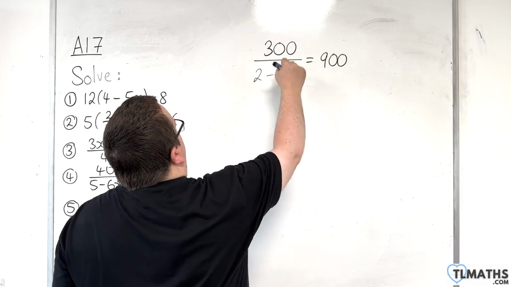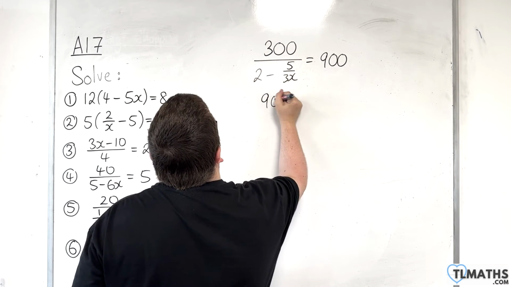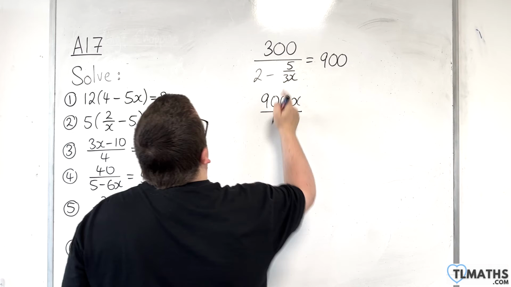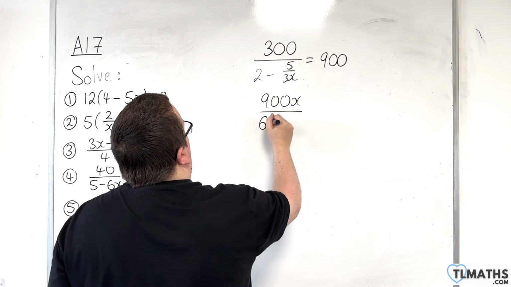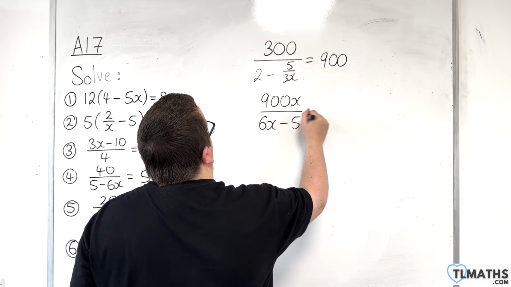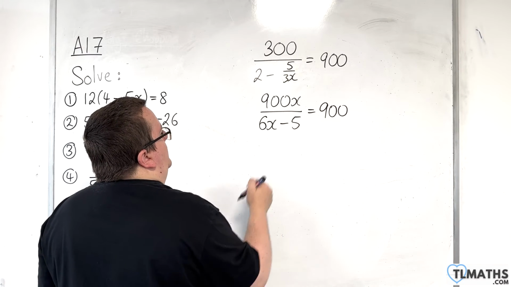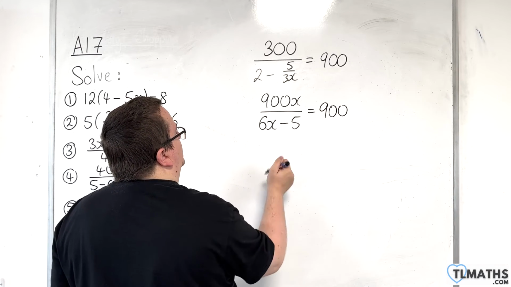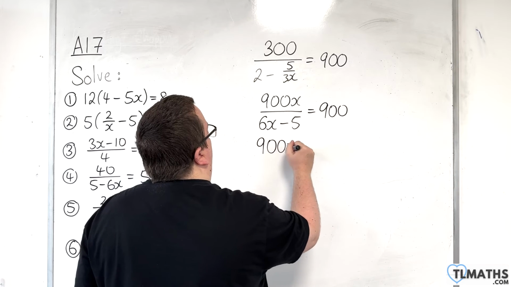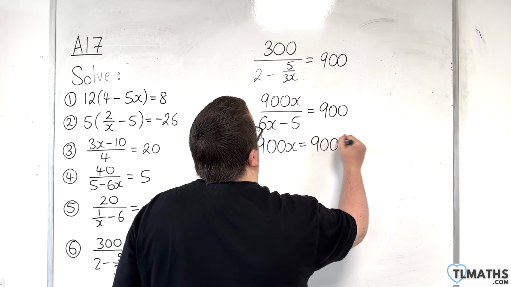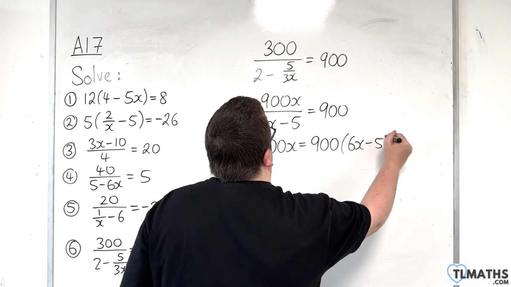So 300 times 3x is 900x. Multiply the 2 by 3x, we get 6x. Then take away 5 is equal to 900. Now multiply both sides by the 6x take away 5, so 900x is equal to 900 times 6x take away 5.